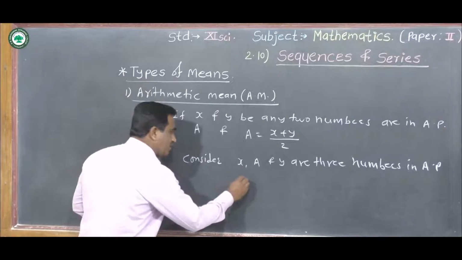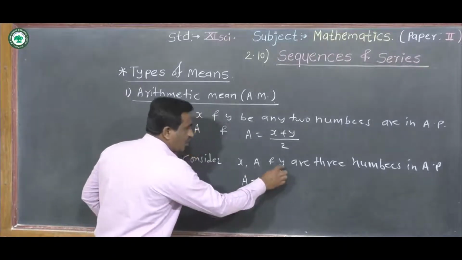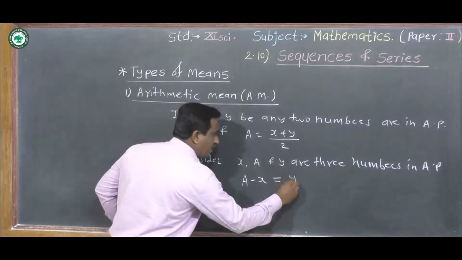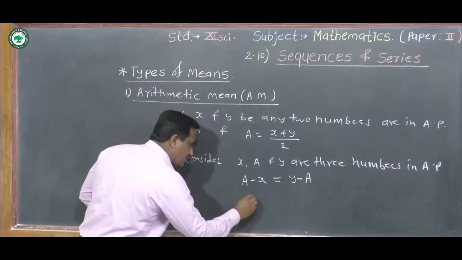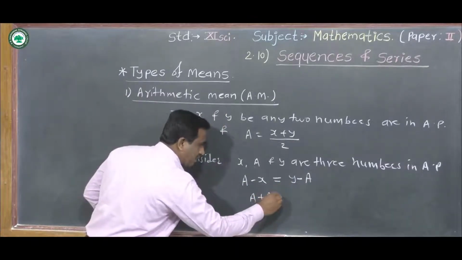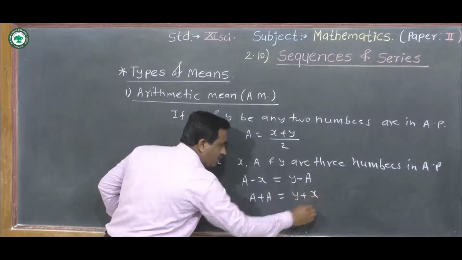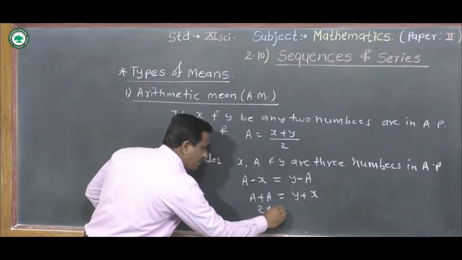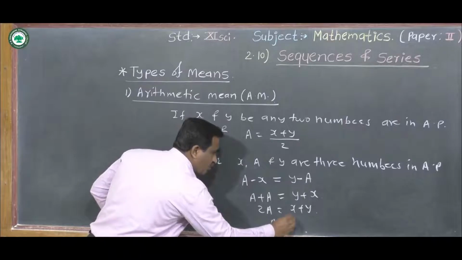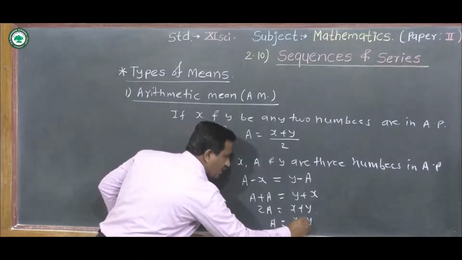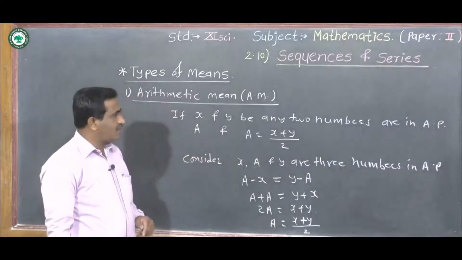That is, A minus x is equal to y minus A. Then take the minus term to the LHS, A plus A equal to y plus x, that is 2A is equal to x plus y. Therefore, A is equal to x plus y upon 2. This is the arithmetic mean of the sequence.